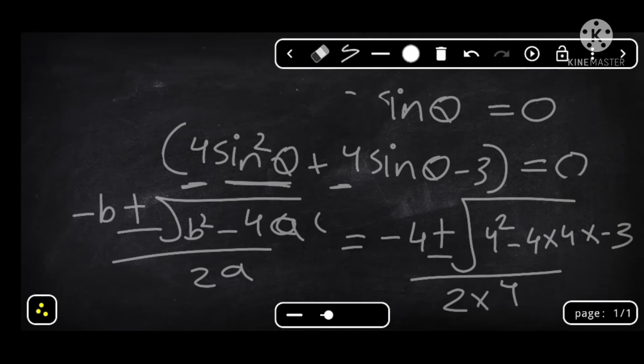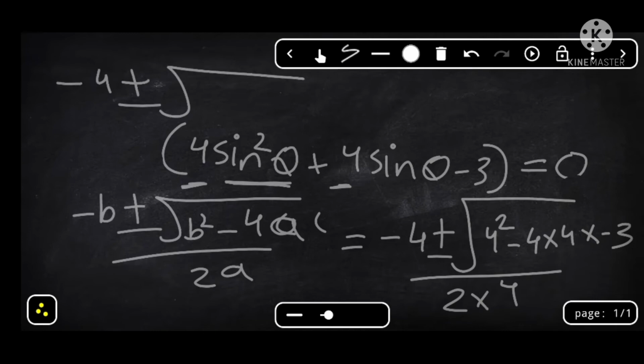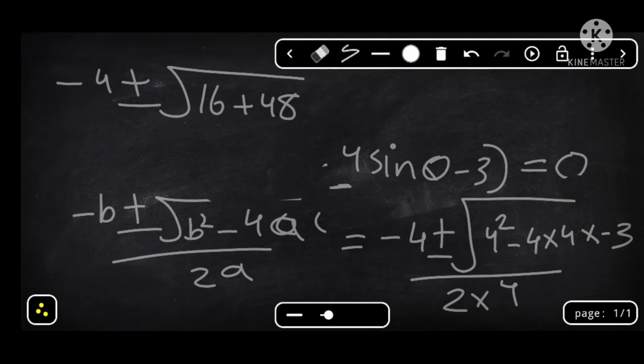So it is going to be minus 4 plus or minus root of, if you calculate, 16 plus 48, divided by 8.